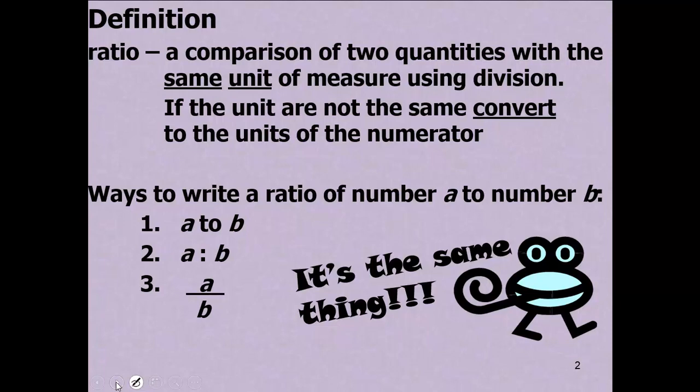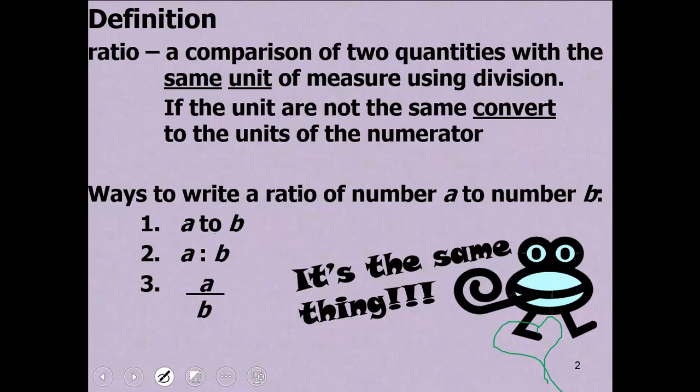Now, in your problem set in the morning when we're together, you could see different ways to read a ratio. I want to make sure you understand that these three separate ways of communicating a ratio all mean the same thing. When you see A to B, that means you're to write a ratio.